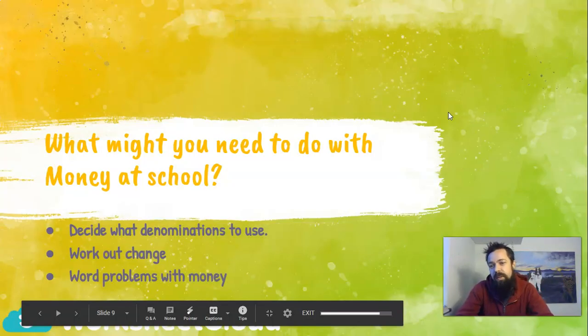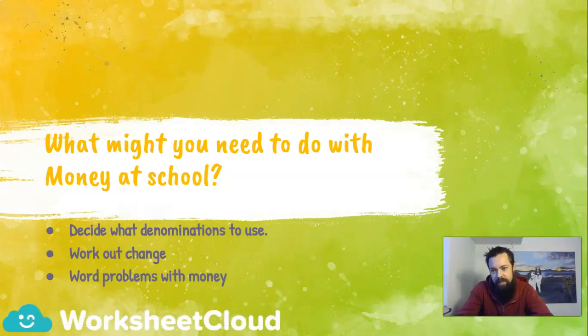And that's this. These are the things you might be asked to do with money calculations at school. So you might have to decide what denominations to use. Someone might say to you, what's the least number of coins you can use to make up 7 Rand? And you'll have to think, what's the fewest number of coins you can use to make that?